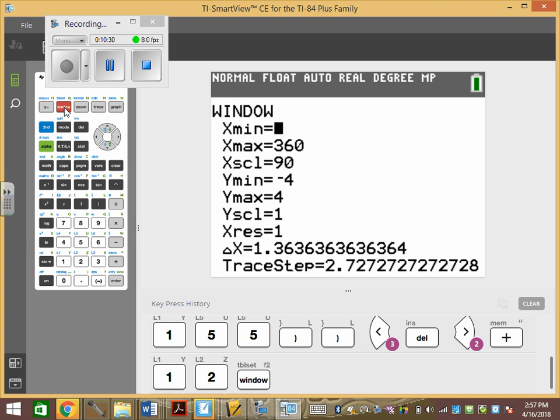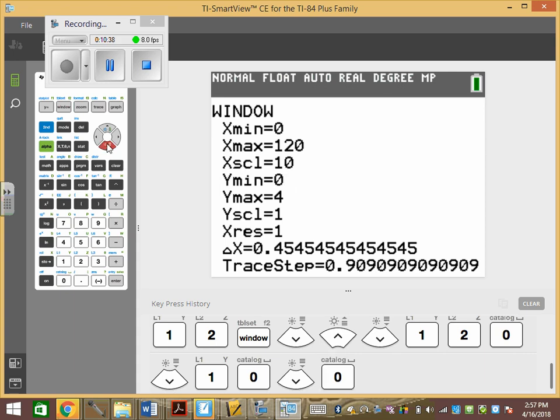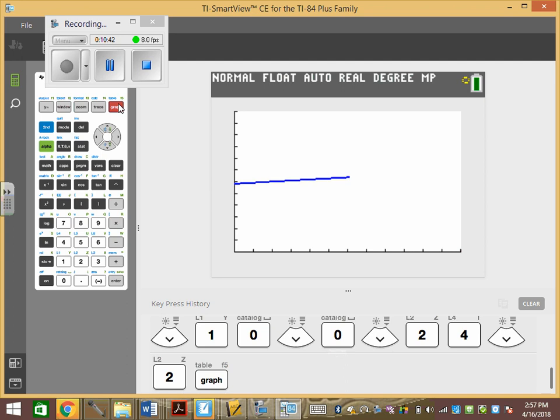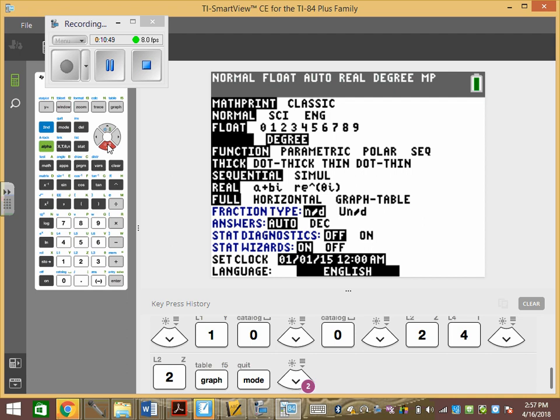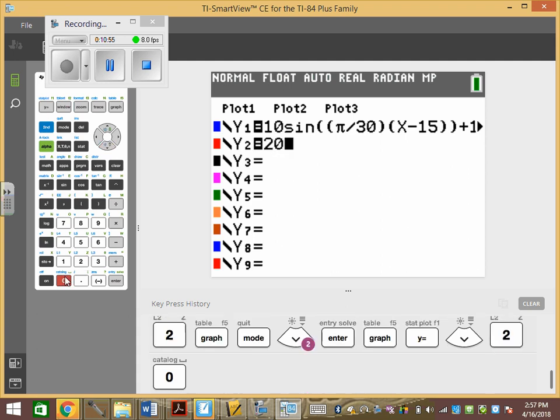And then the window was 0, 120, 0, 24. Weird, it doesn't work out. Why? I'm probably not in the right mode. Boom, 2 revolutions. Then we went to y equals and we put in a 20.